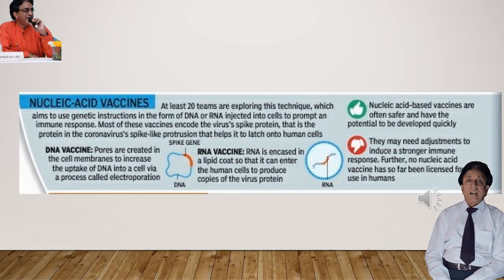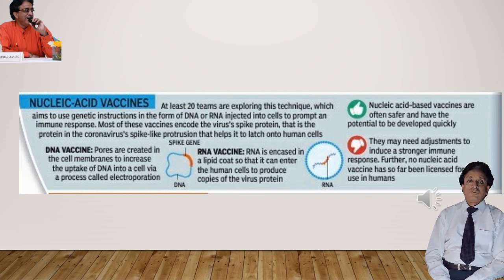These are the nucleic acid vaccines, and in these vaccines, the nucleic acid material of the coronavirus is integrated into another DNA, and this DNA is introduced into the human cells by a technique called electroporation.